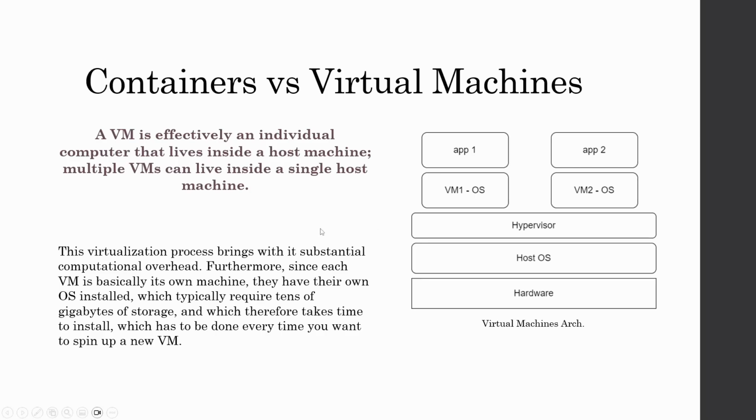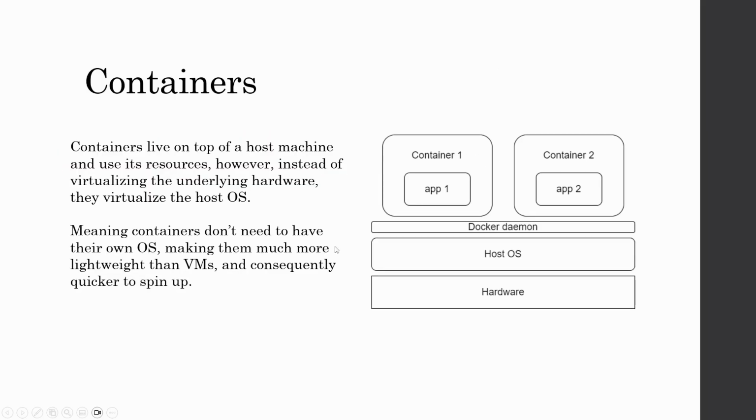So the idea was, why can't we share the OS? Why unnecessarily waste resources on the underlying OS? Why can't we just share the OS and containerize only the application? So the concept of containers was introduced, where the host OS is there, on which the Docker daemon will be running.